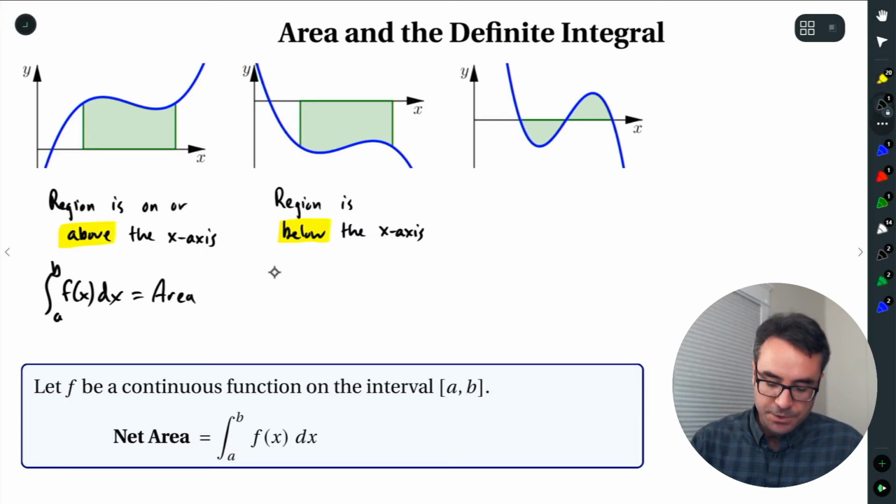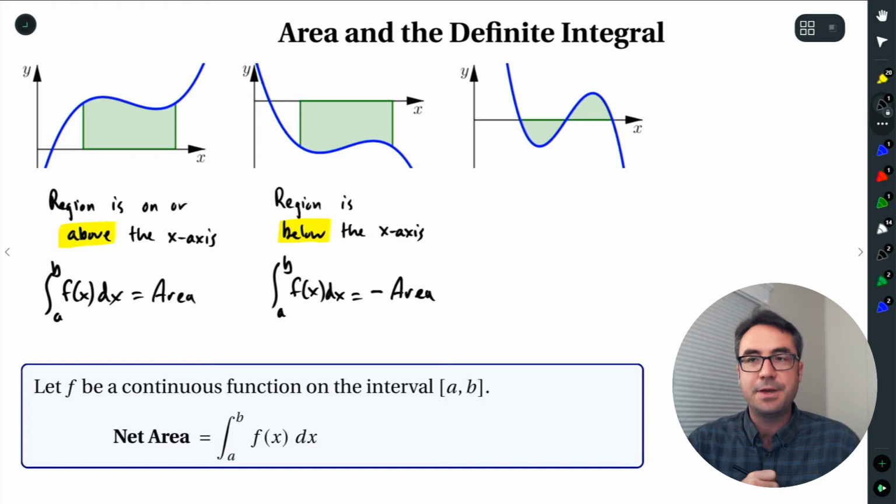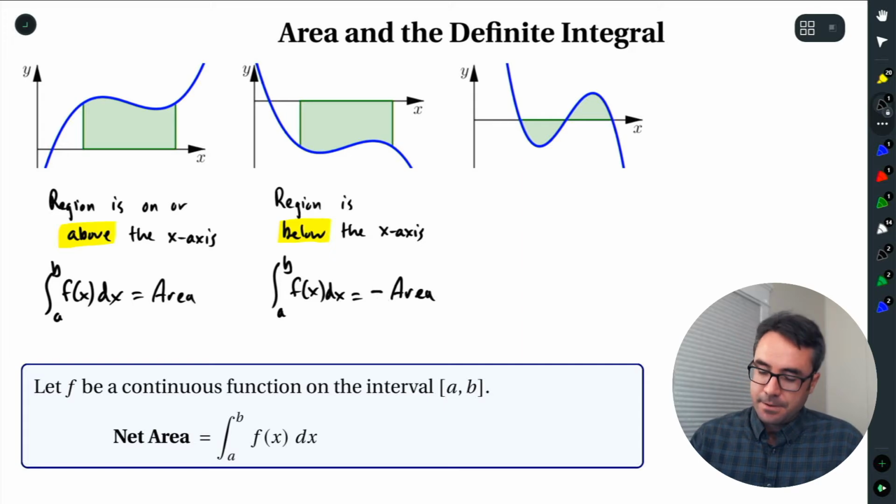Well, we're still going to be interested in the definite integral, but it's still going to be related to the area, but now it's the negative of that area. So if we were to integrate our function, f of x, from a to b, and the entire curve is below the x-axis, we'll get the area for this shaded region. It'll just be negative. So if our region is below, then the integral calculation is going to be negative. It'll be the negative of that area.